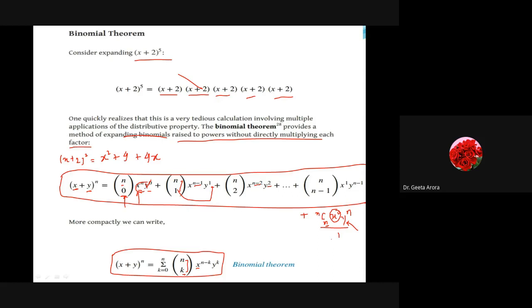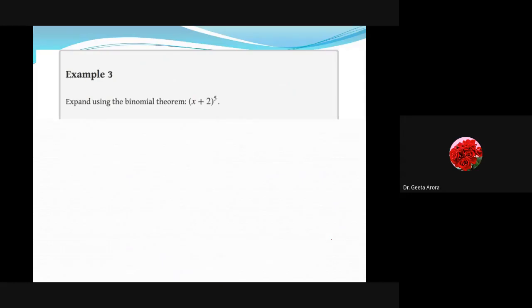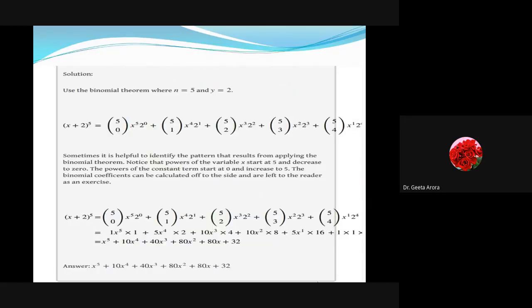So let me discuss this also, because normally we are never going to open n factorial by r factorial and (n minus r) factorial, especially in the binomial theorem. So let me show you the solution and discuss from here, because it's not a thing that needs so much effort. See, here we have (x plus 2) raised to power 5. We are saying 5C0 x raised to power 5.